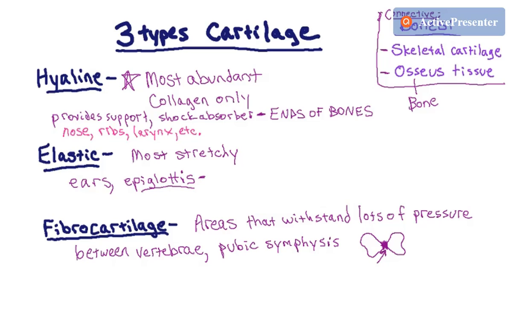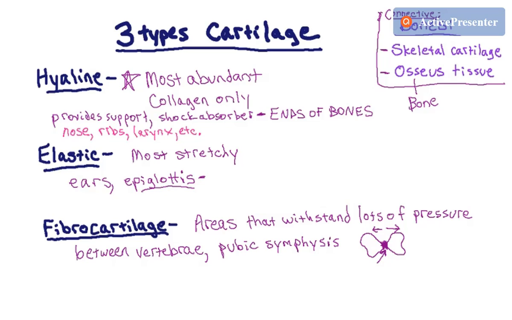It keeps your two halves of your pelvis from banging together and rubbing bone on bone. Also, this fibrocartilage relaxes when a woman is in labor, allowing it to soften and the hips to separate to make room for the birth of the baby.